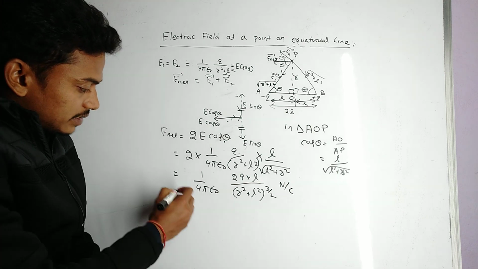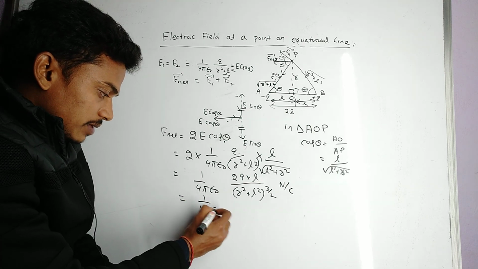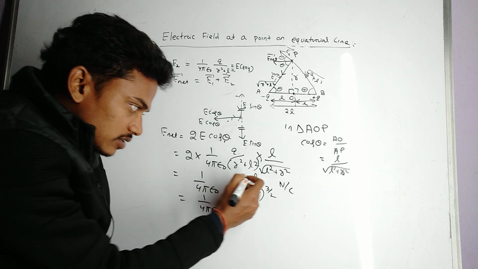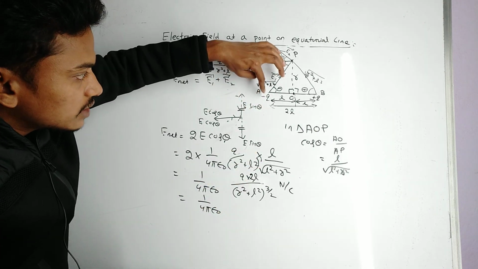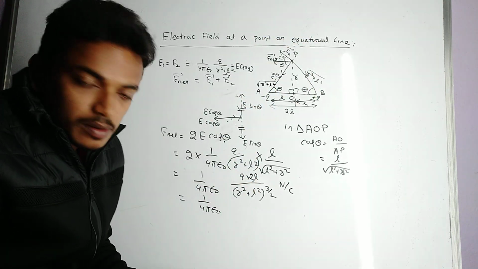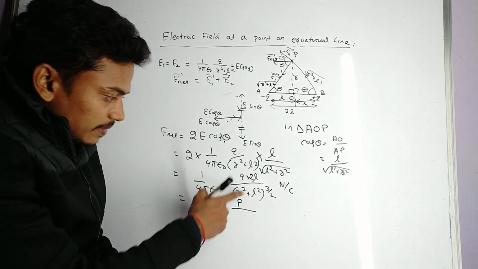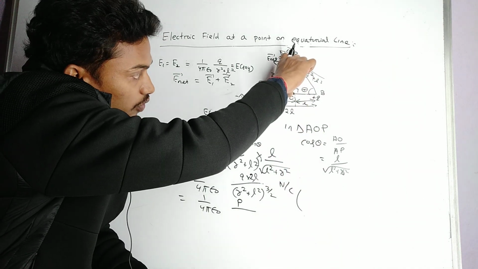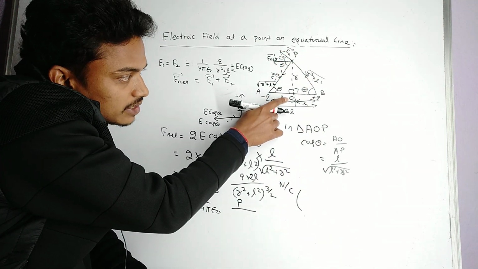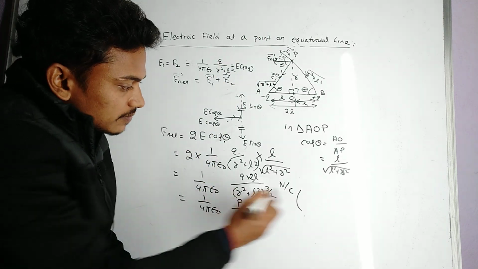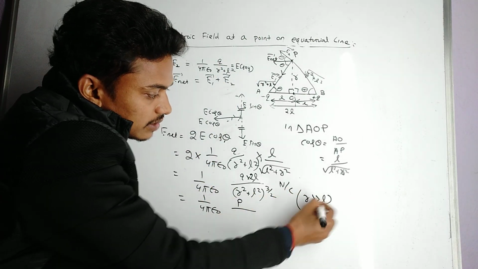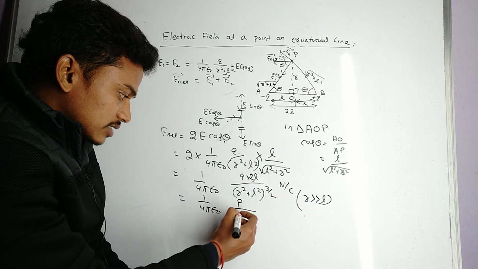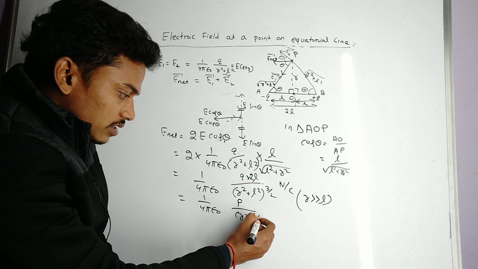Then 2q into L is nothing but the dipole moment P. The condition for a dipole is that the separation R between the center of the dipole and the point of observation must be much greater than L. So we can neglect L square here, and we get R square to the power 3 by 2.